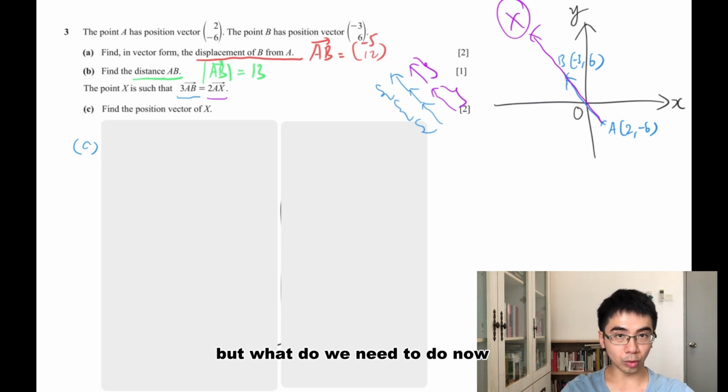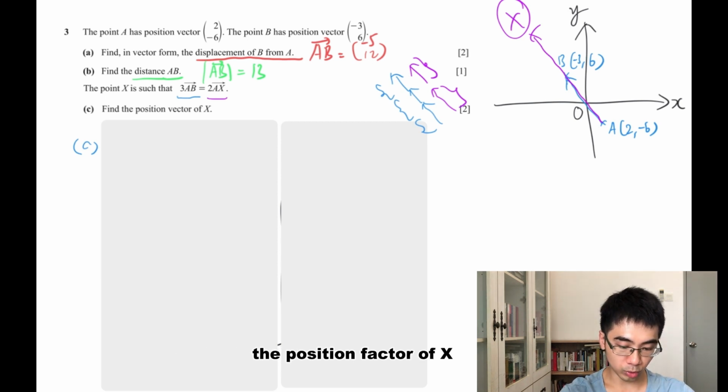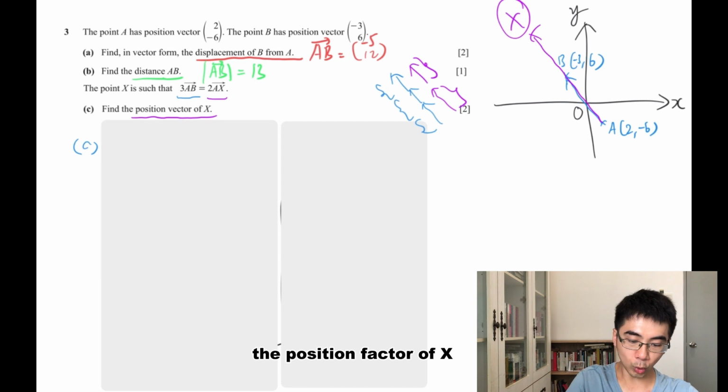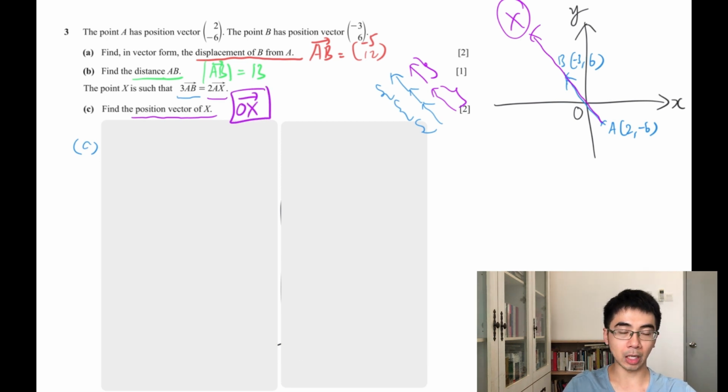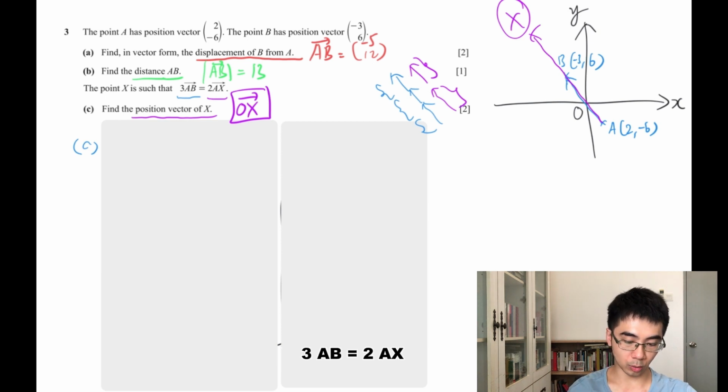But what do we need to do now? First of all, this question is asking about the position vector of X, which is OX. So we just start from the equation we got, which is 3AB equals 2AX.